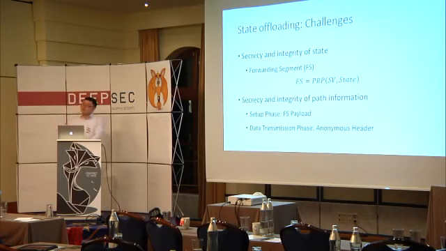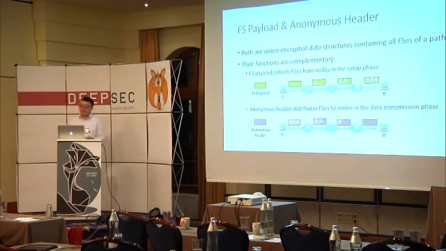So in order to protect this path information, we propose two data structures. In the setup phase, HORNET uses FS payload, and in the data transmission phase, HORNET uses anonymous header. Let me explain these two data structures in the following slides.